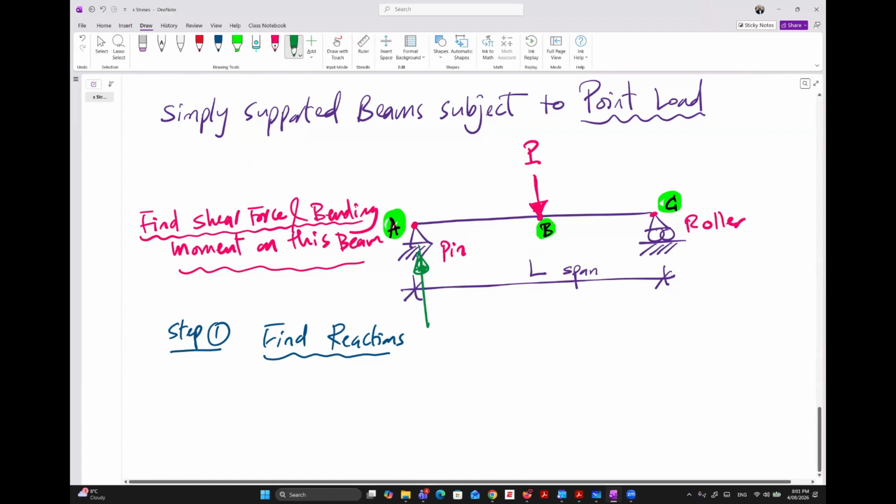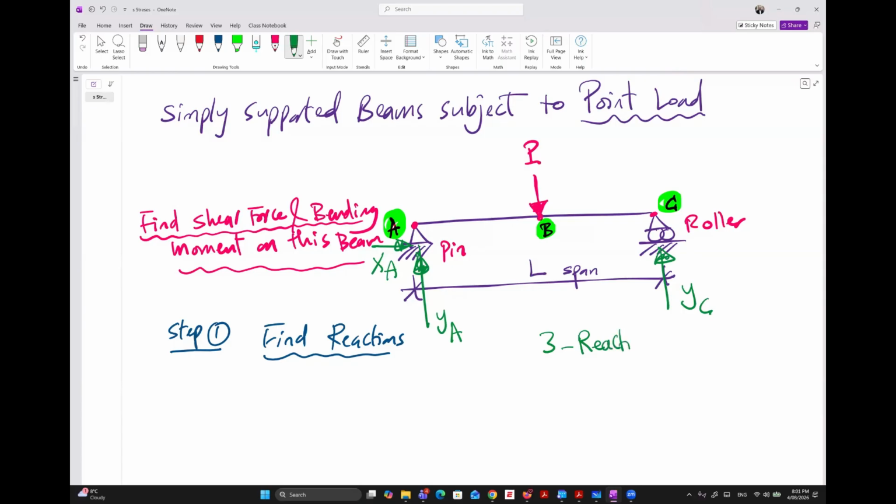We can call it YA or AY. And we have what as well? XA. For C, we have YC. So how many reactions in total? Three reactions, right?